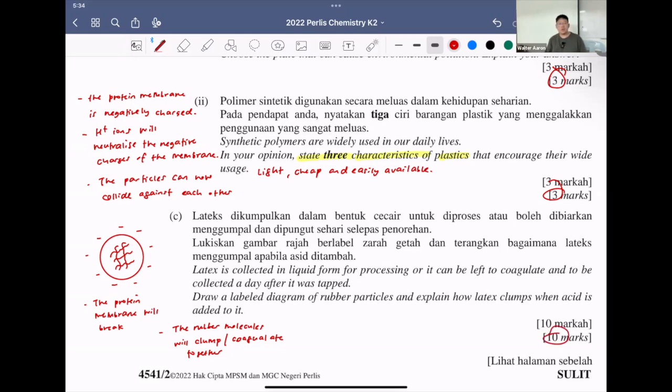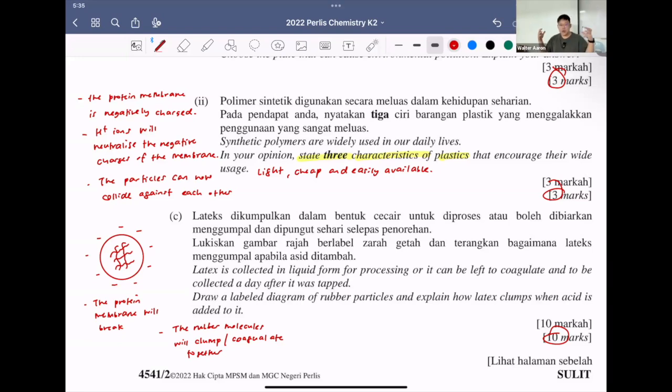Okay, so remember, it's very simple. If you don't remember how the rubber particles can mix together, you just remember this. On the surface of the protein of the rubber molecules, there are all negative charges. So if you put acid inside, the acid H plus will go and disturb it. It will neutralize the charge of the surface of the protein.